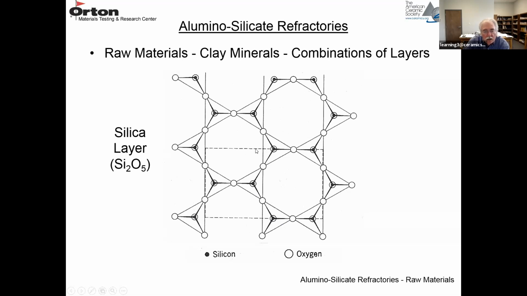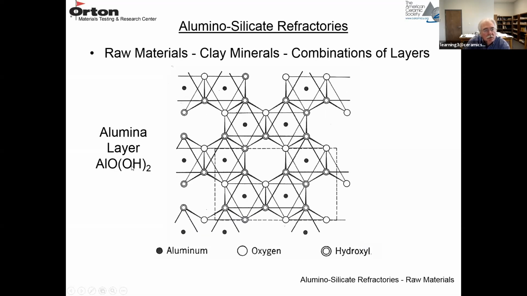This dotted line is a unit cell of the clay structure. So that unit cell just repeats throughout the structure. So the basic chemistry of a unit cell is Si2O5. So these tetrahedra are joined at the corners by the oxygens. So that's one layer.